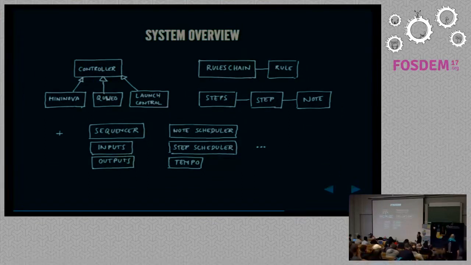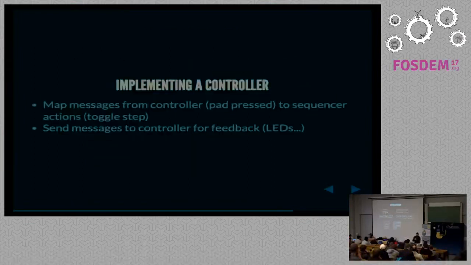Okay, so just a quick drawing with the main classes. We have controllers, the base controller class. My controllers implement and inherit this class, and we have several utility classes like the rules chain and the steps, of course.